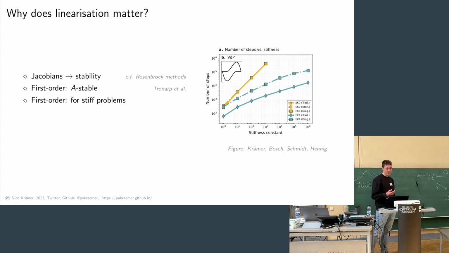So for example, in this figure here, we're taking the van der Pol equation, and we solve it adaptively to some tolerance 10 to the, I think it was -5 or -6. And we just assume that this tolerance has been reached, and we vary the stiffness of the problem. So it has this one free parameter mu, that if we increase it, the problem becomes more stiff.